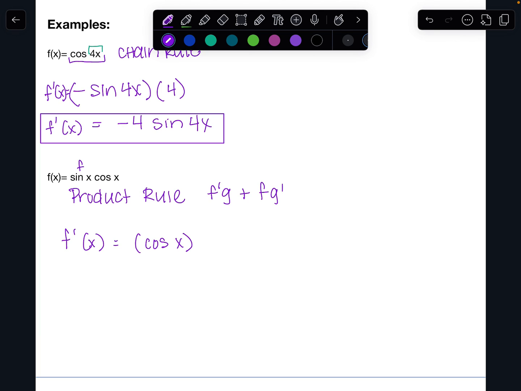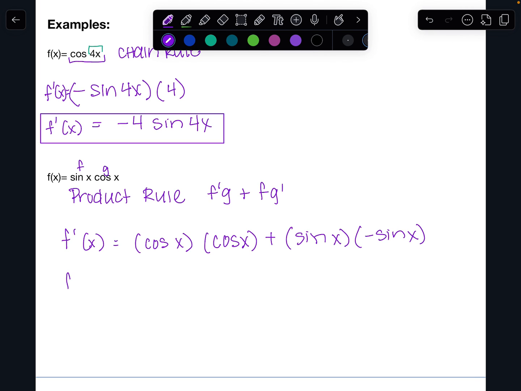This one is f and this one is g, times g, plus f, which is sine x, times the derivative of g, which is negative sine x.